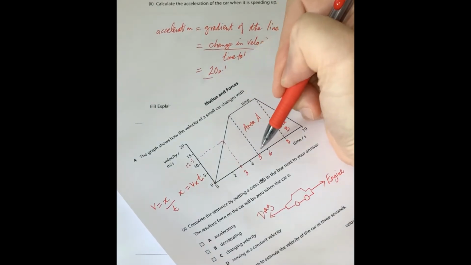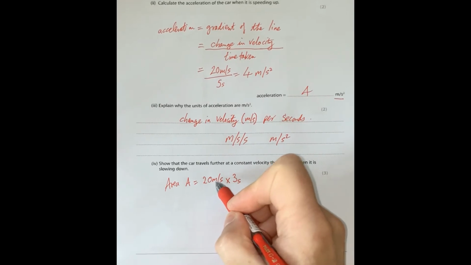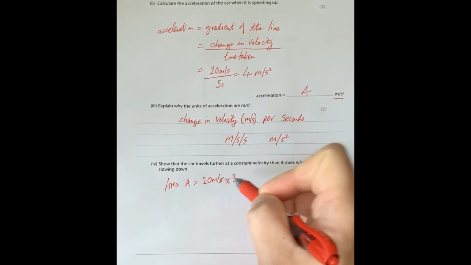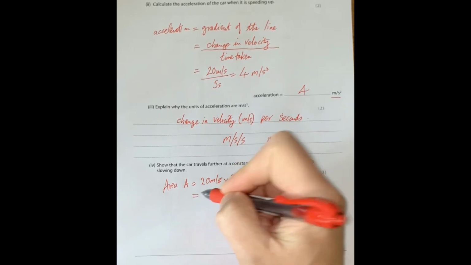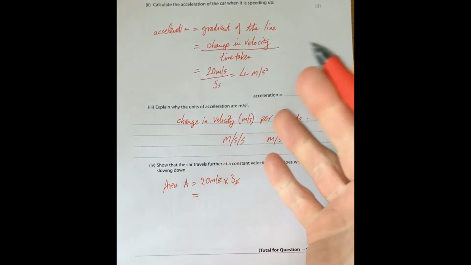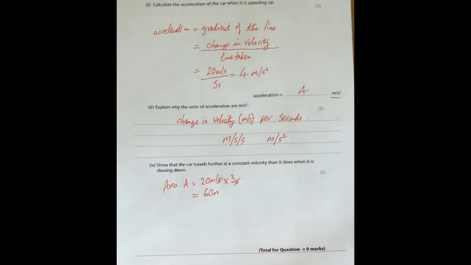That's 20 by 3. And notice if you multiply meters per second by seconds, the seconds cancel, and you will be left with a unit, the meter. So we do know what the area is, the distance travelled. So that's 60 meters.